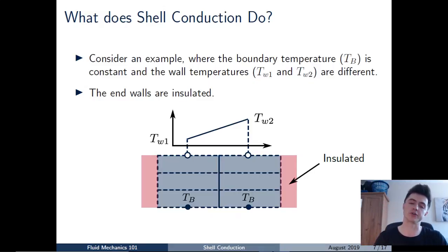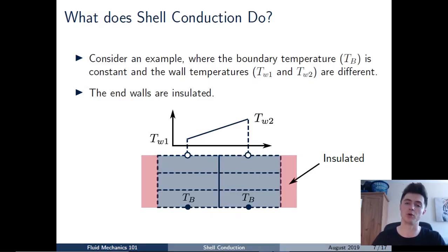These two cells are connected to fluid elements above them by 3 shell conduction layers. As is the case in most fluid flow problems, the temperatures of the wall, TW1 and TW2, are going to be different because of the flow conditions in the fluid above the boundary. So TW1 and TW2 are generally going to be different.